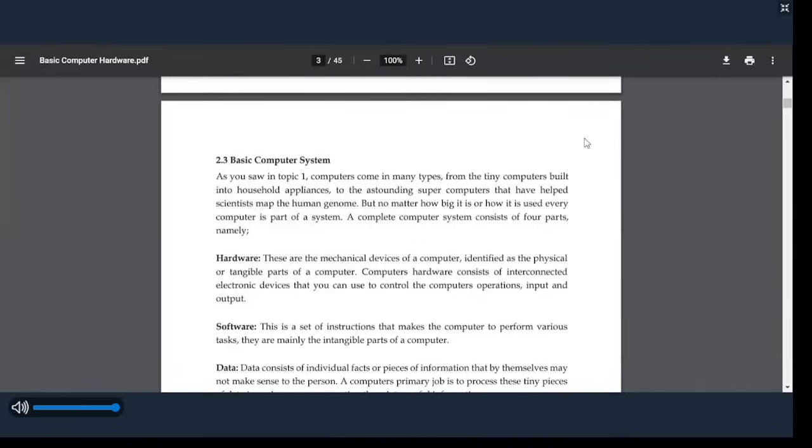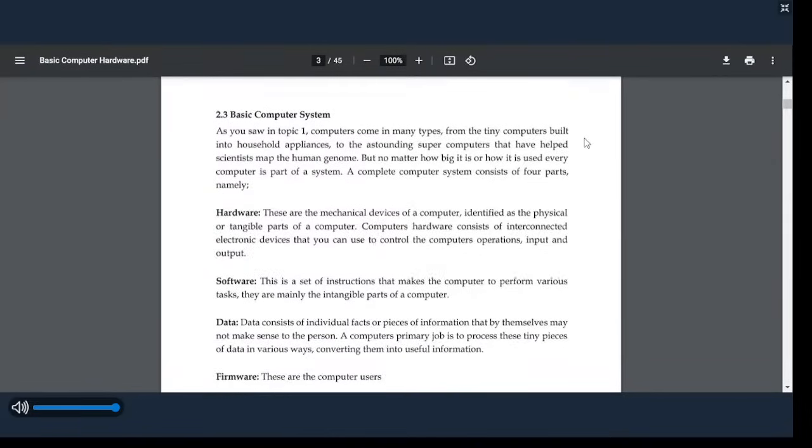So the hardware: these are the mechanical devices of a computer, identified as the physical or tangible parts of a computer. So the tangible, something you can touch, feel. The CPU is something you can touch and feel. The memory, it's something you can touch and feel. So computer hardware consists of interconnected electronic devices that you can use to control the computer operations, input and output. Then we have the software.